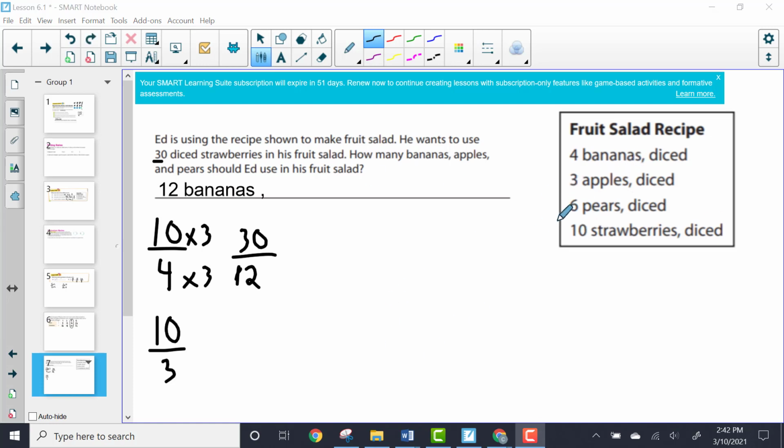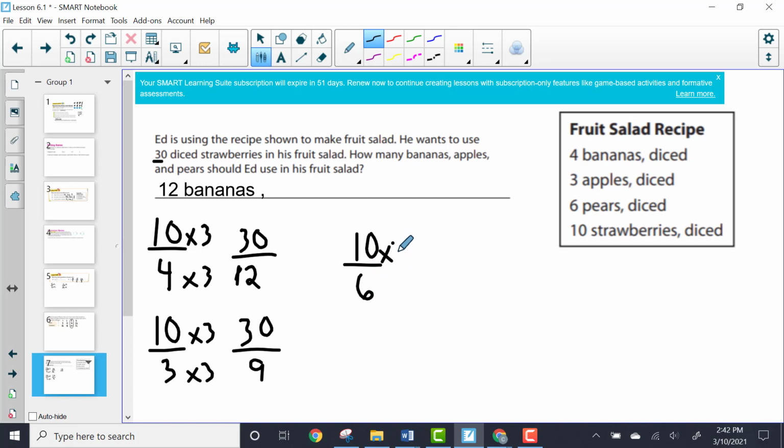So the next one is going to be apples. We have 10 strawberries to 3 apples as the ratio. So you have to multiply both terms by 3 because you have to get to 30 strawberries. That's going to give us 30 to 9 apples. And then pears, the ratio is 10 to 6.